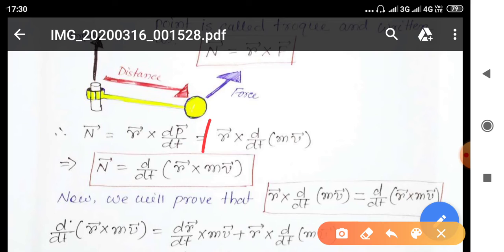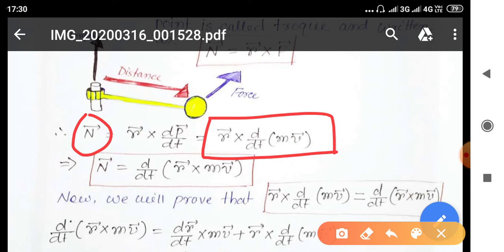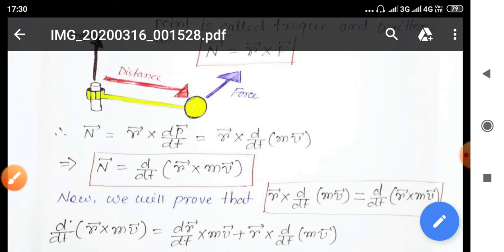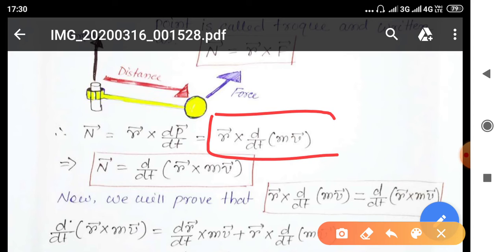Now we have the relation that the torque n equals r cross d/dt of mv, and we can also write this form as n vector equals d/dt of r cross mv. So let's check how these two expressions are equivalent, that is, r cross d/dt of mv equals d/dt of r cross mv.